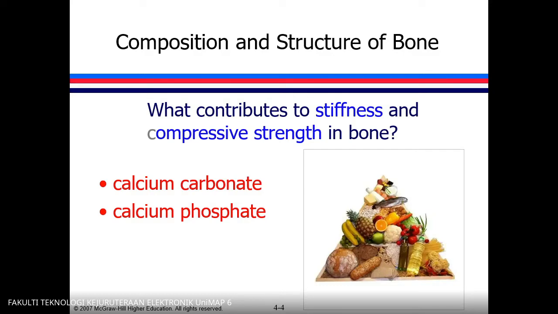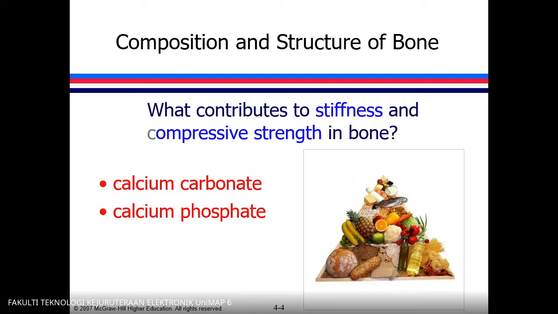The question is, what contributes to stiffness and compressive strength in bone? We talked about stiffness just now: stress divided by strain. So the answer will be calcium carbonate and also calcium phosphate. Remember class, now I just tell you these two.